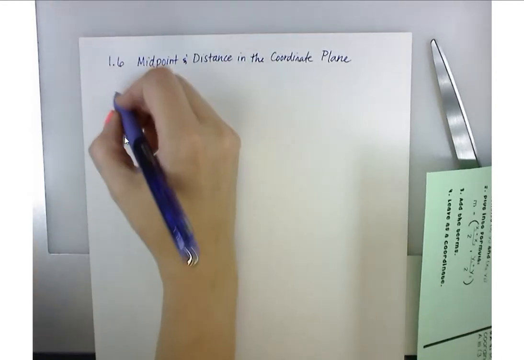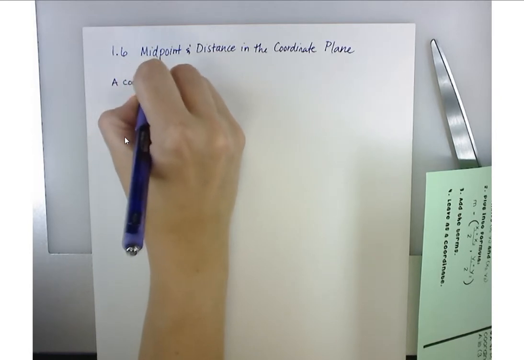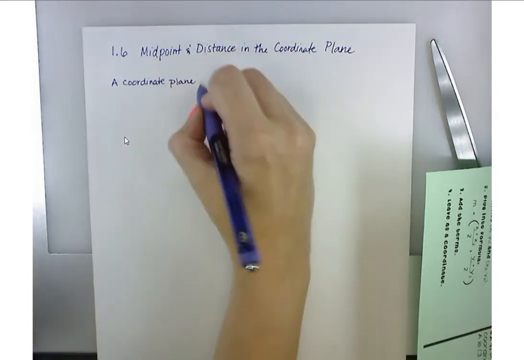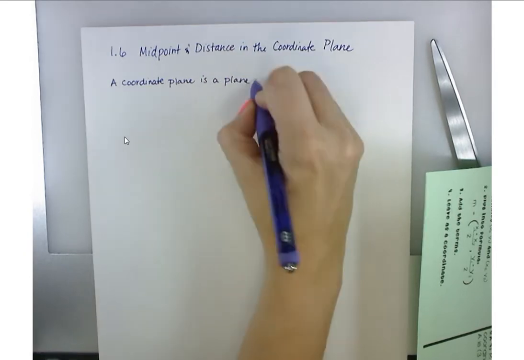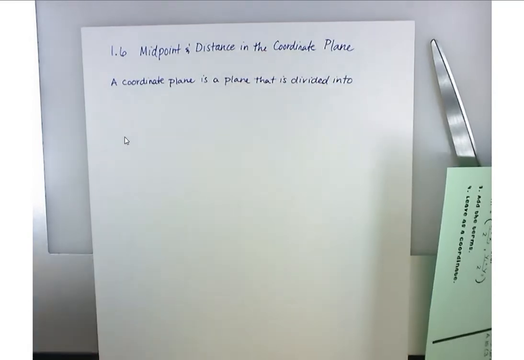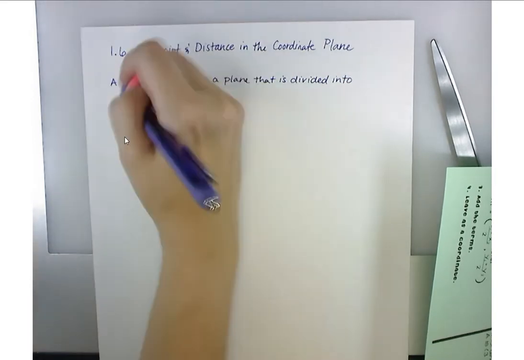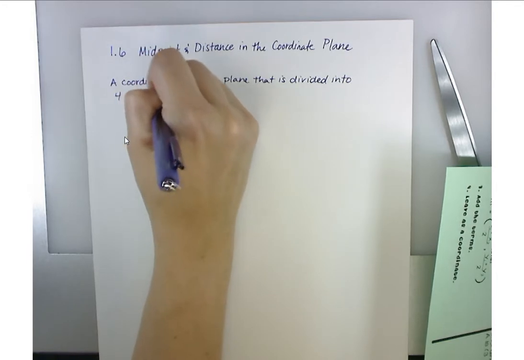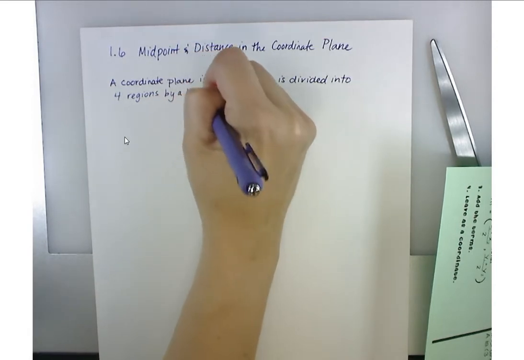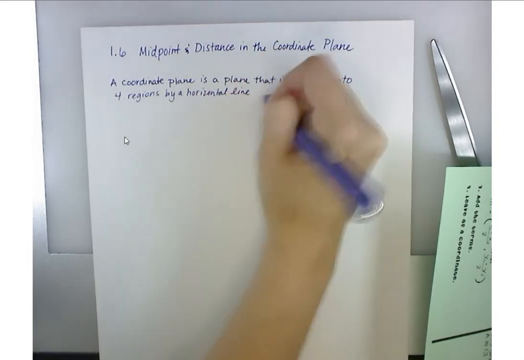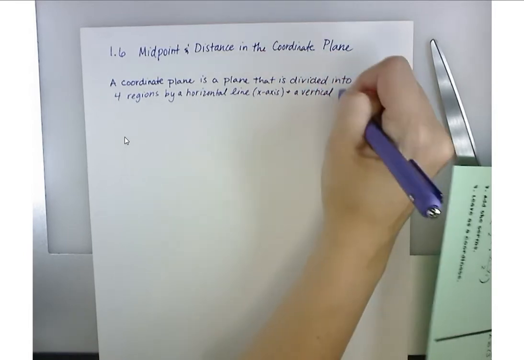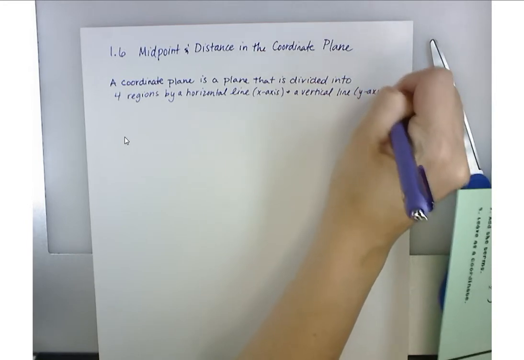Okay, so a coordinate plane is a plane that is divided into 4 regions by a horizontal line, which we call the x-axis, and a vertical line, which is what we call the y-axis.